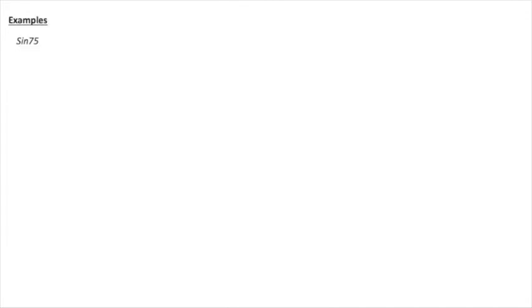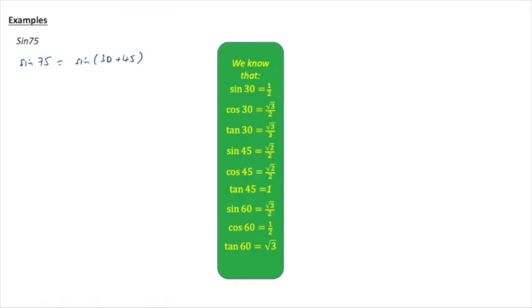We can use these identities for solving certain problems or finding things out, and one of the things we can do is find out the exact values of some angles. So sine 75, that will be the same as sine of 30 plus 45. Now to proceed, we need to know all these standard results, which you probably do know by now. If not, get on with learning them because you need to know them.